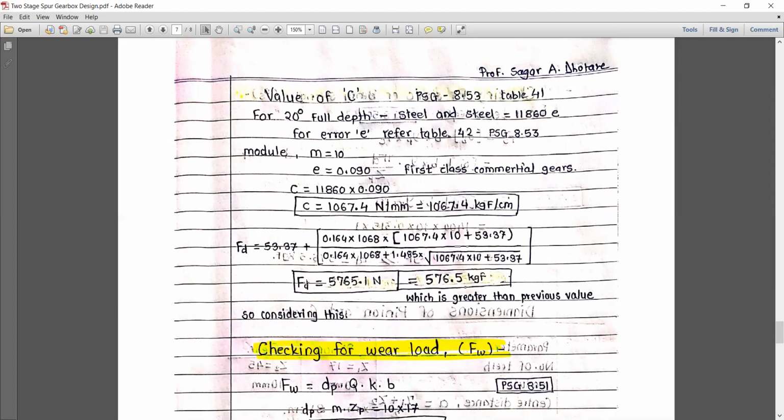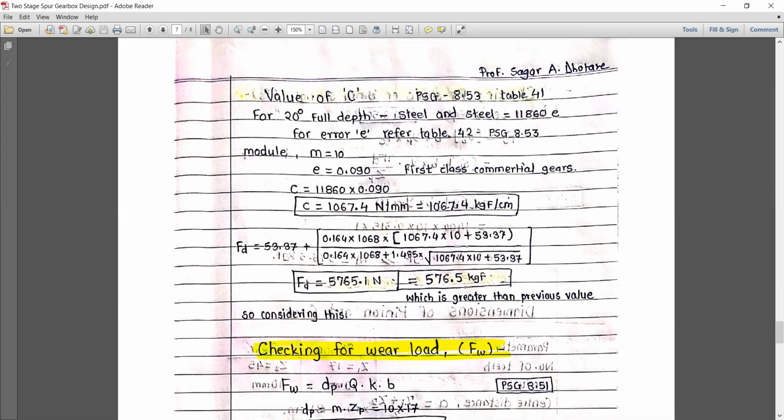E is nothing but a correction factor for error while cutting. That error we can find out from table number 42 on the same page. For module 10, the value of E is equal to 0.091, which could be a first class commercial gear.